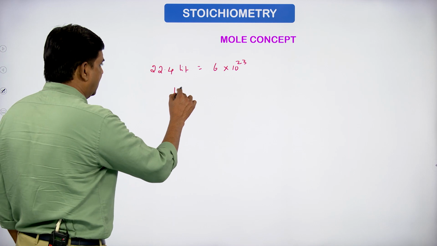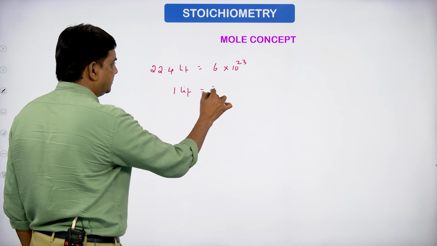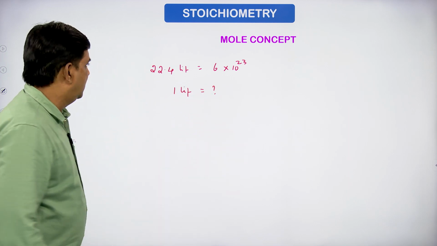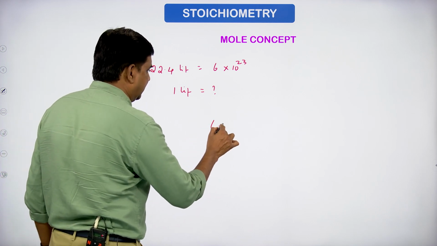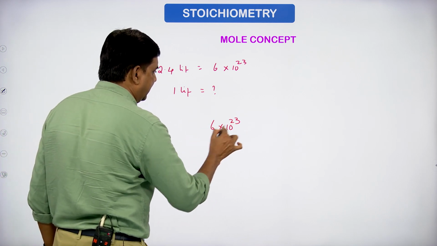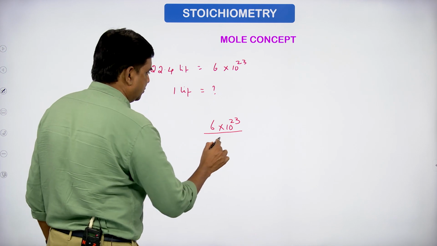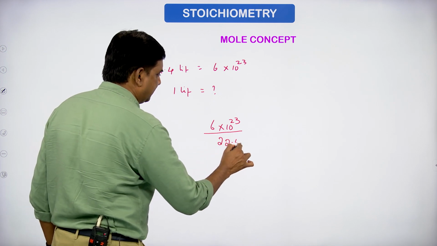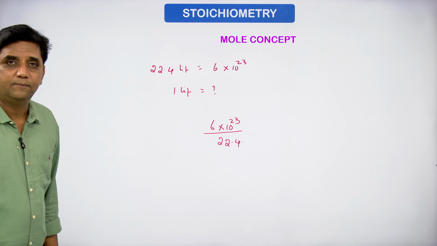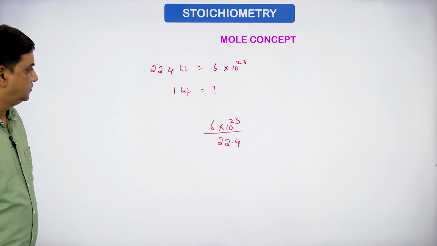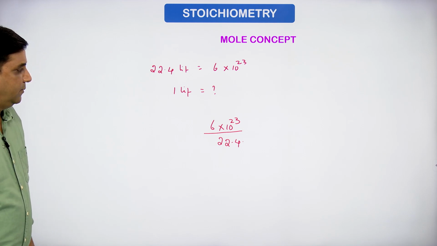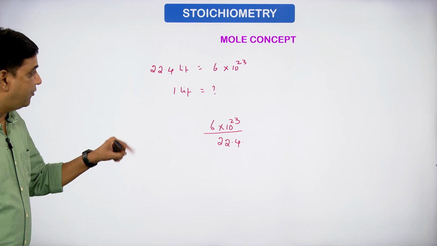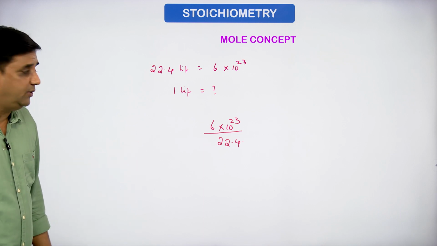Then mass of 1 liter is equal to how much? That is equal to 6 into 10 power 23 by 22.4 liters.